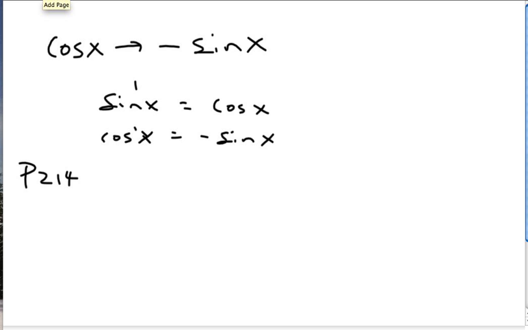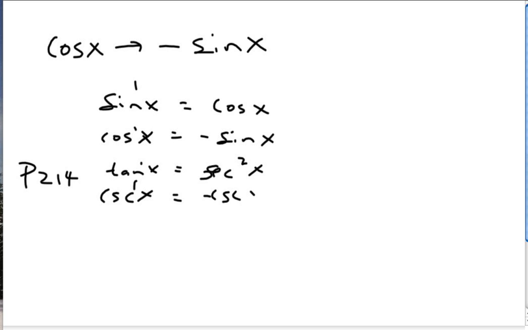Cosine x gives minus sine x. We also know the derivative of tangent x equals secant squared x. And for secant, it is secant x times tangent x.